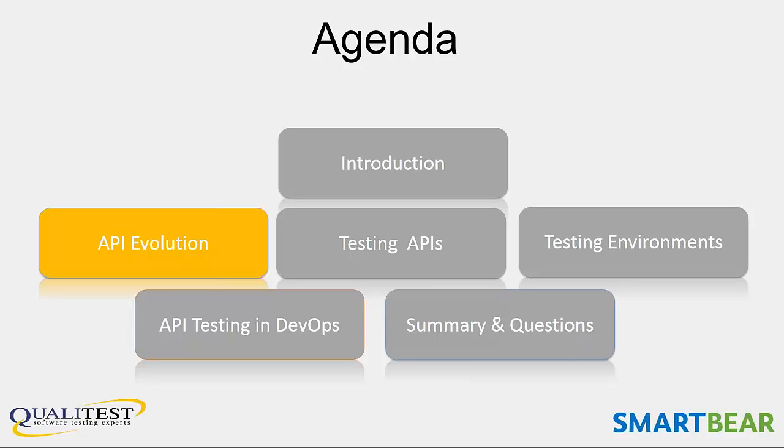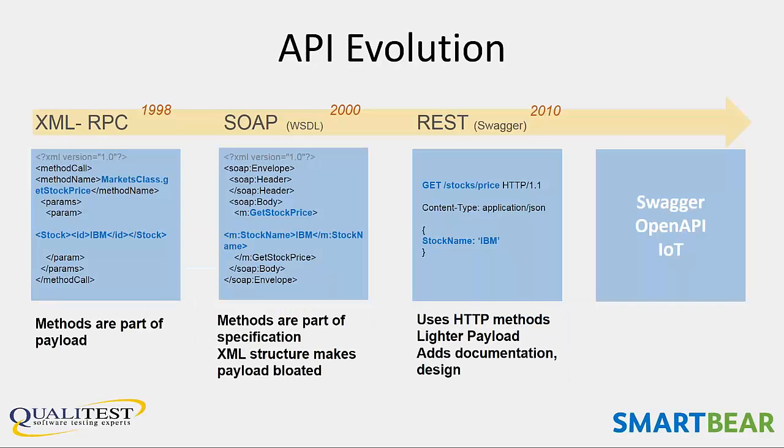We will see the right way of testing APIs. We will take a look at the concept of testing environments, and especially API environments. And then we will talk about some patterns around API testing in DevOps. And as Sarah said, towards the end we would have some time for you to ask us questions and for us to answer your questions. So let's dive in.